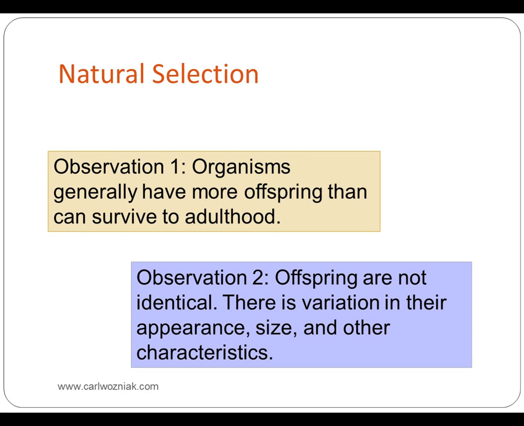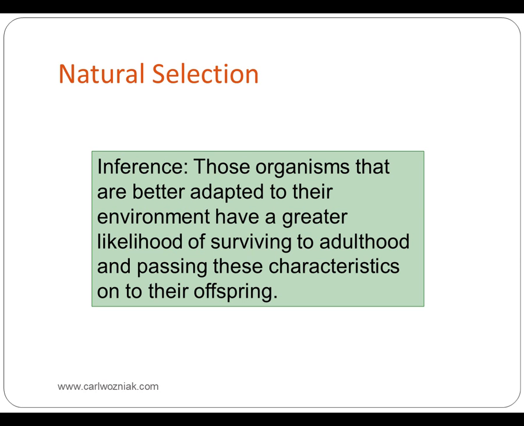And so based on these observations, he said if organisms have more offspring than can survive into their individual adulthood, and there's differences among those offspring, well then of those offspring, those that are best suited for their environment are the ones that go on and survive and reproduce, or are naturally selected for survival.